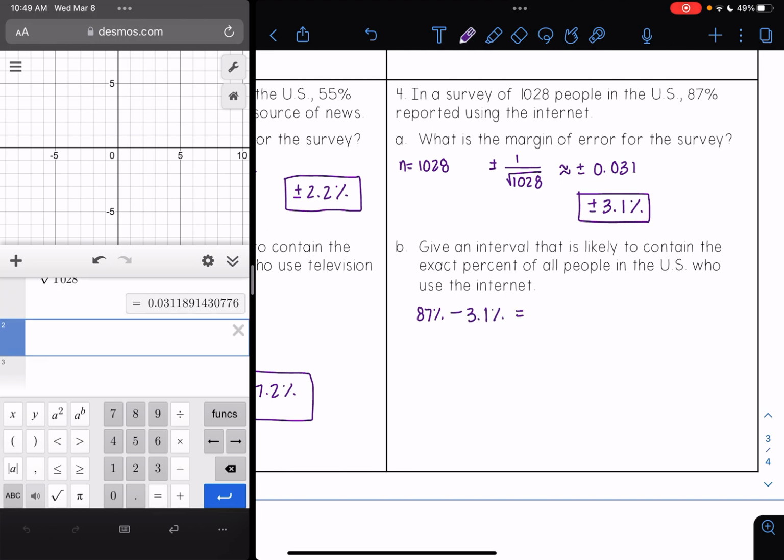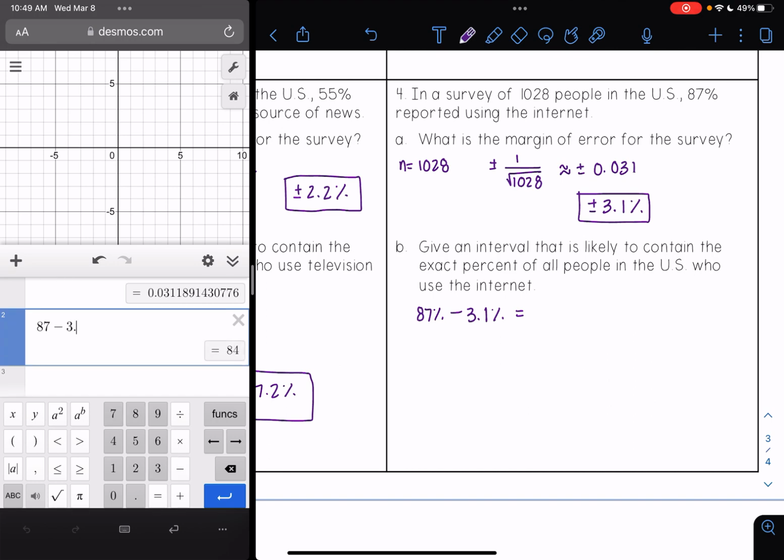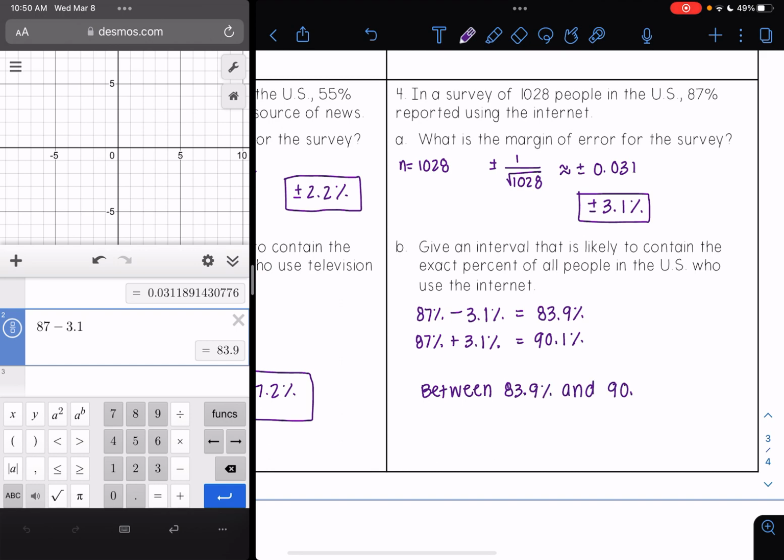You can do that in Desmos as well: 87 minus 3.1, and I get 83.9%. Then when I add 3.1%, that gets me 90.1%. So it's going to be between 83.9% and 90.1%.